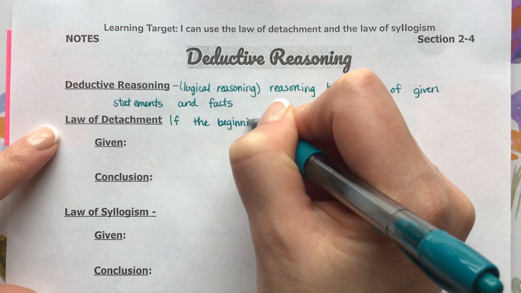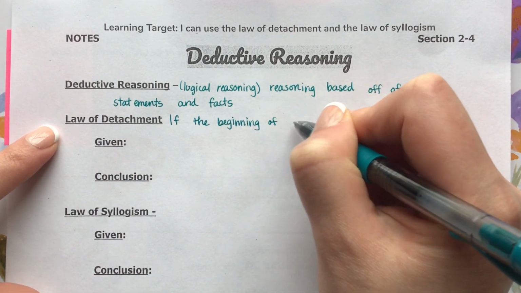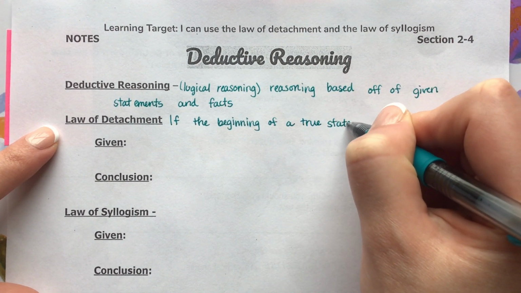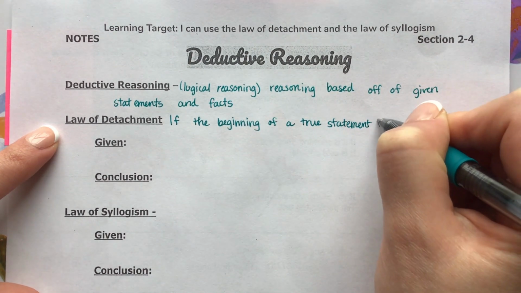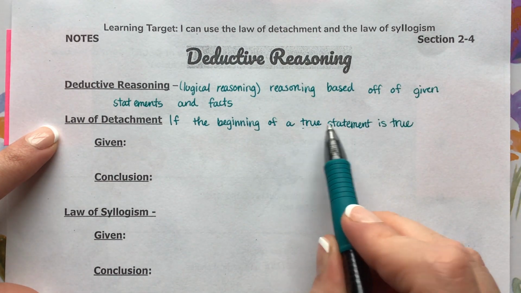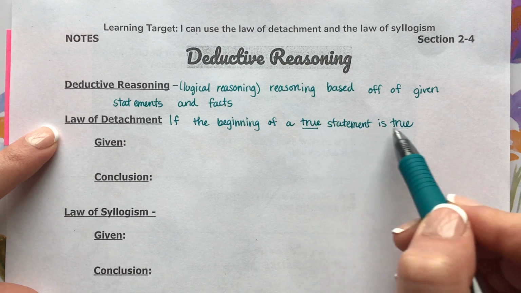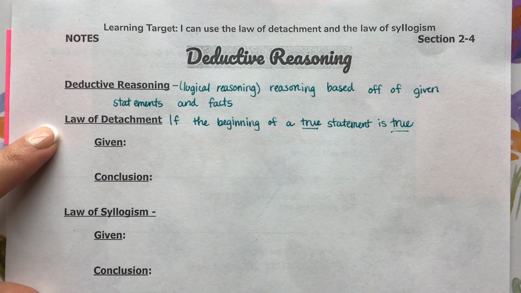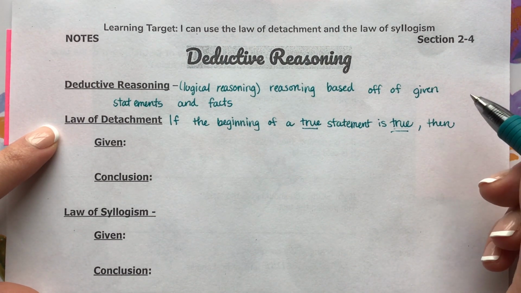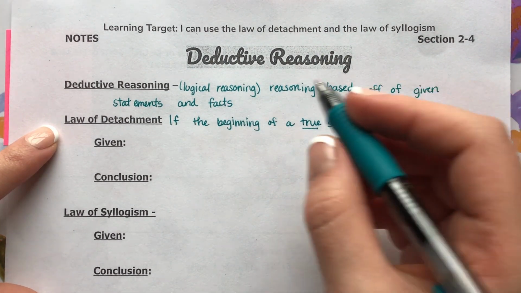If the beginning of a true statement is true, so that's important, we're assuming that this stuff does in fact happen. If the beginning of a true statement is true, then the conclusion is true.